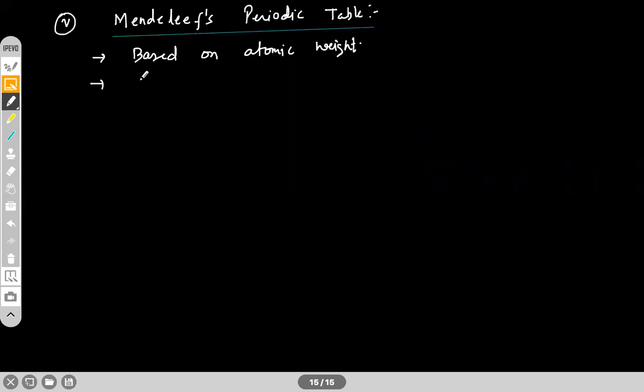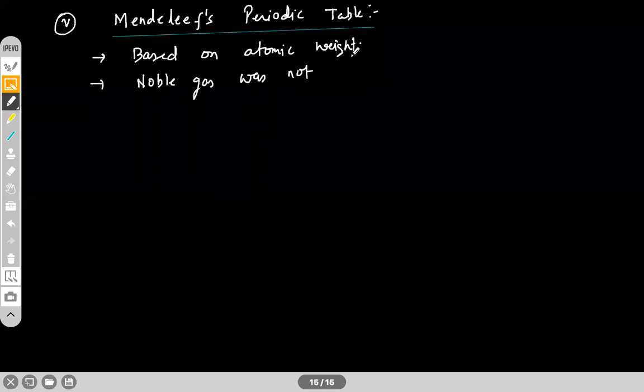Noble gases were not discovered when it was given.